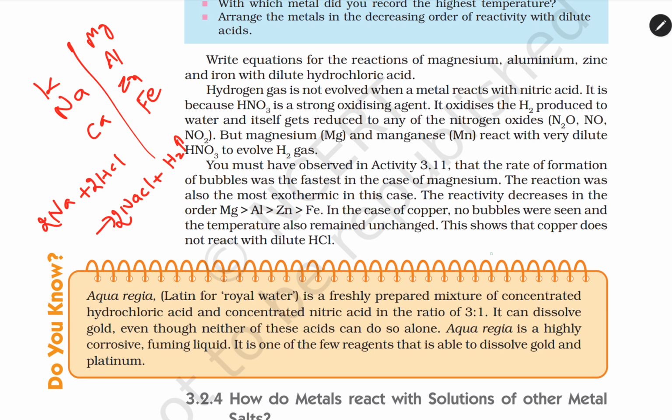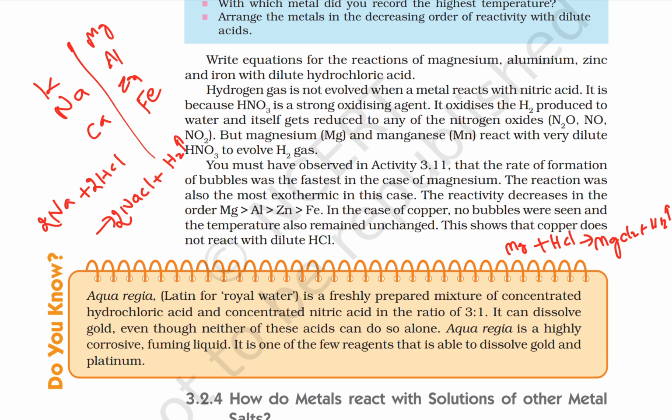For example, magnesium reacting with HCl is a rapid reaction; magnesium chloride will be formed and hydrogen gas will be released. Similarly, if you test zinc with H2SO4, it will form ZnSO4 salt and hydrogen gas will be released. So zinc sulfate and hydrogen gas are released.